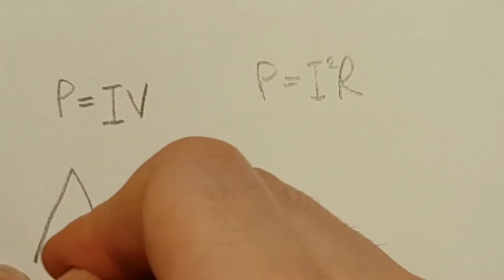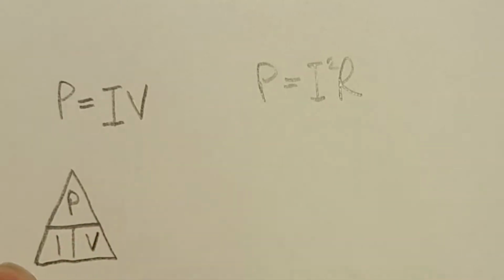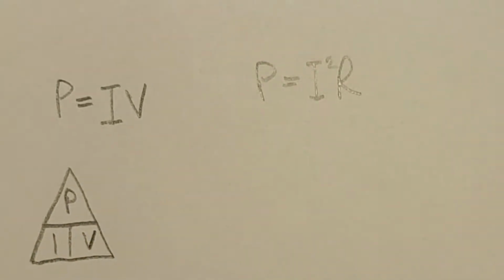So we're going to draw a triangle, P equals IV, and then we can do exactly the same as what we've done with the Ohm's law triangle.